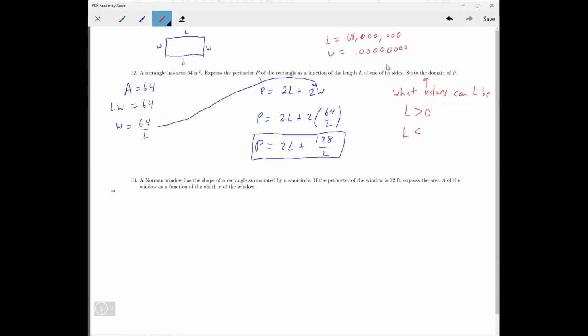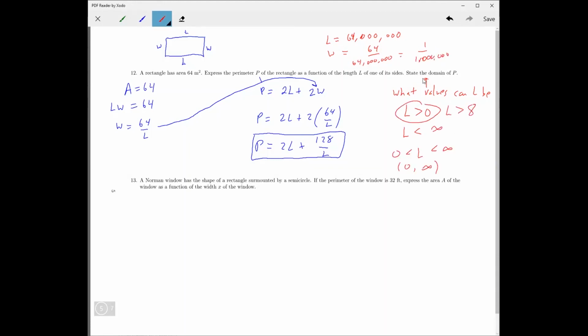It's 64 over whatever the length is, and that gives me a value. It's going to be 1 over 1,000,000.